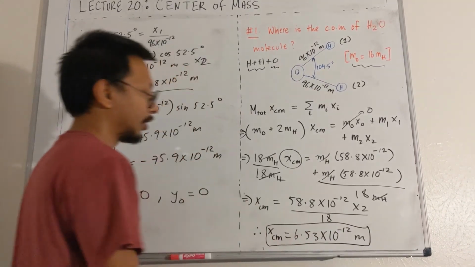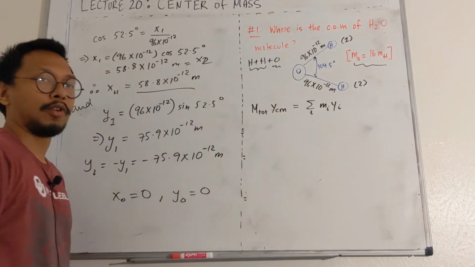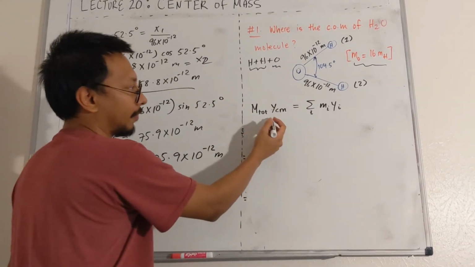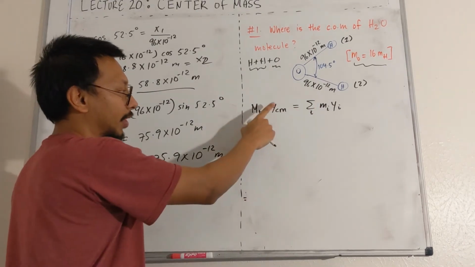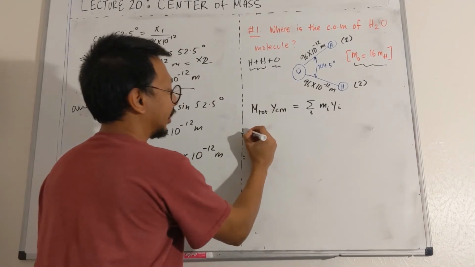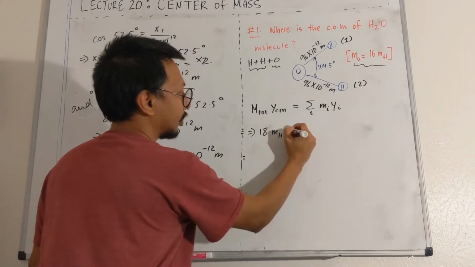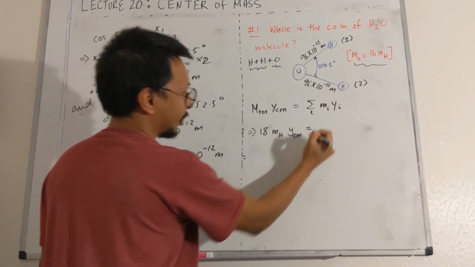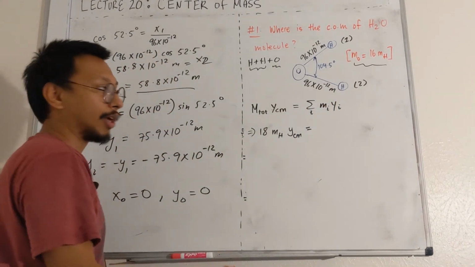Now let's go ahead and find the y center of mass position. For the y center of mass position, we have a similar kind of formula to what we had for the x center of mass position. We just replace x's with y's, right? So the total mass is still 18 times the mass of hydrogen times the y center of mass position, equal to the summation of the separate masses and their y coordinates.